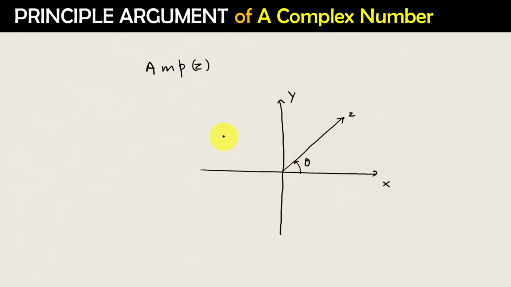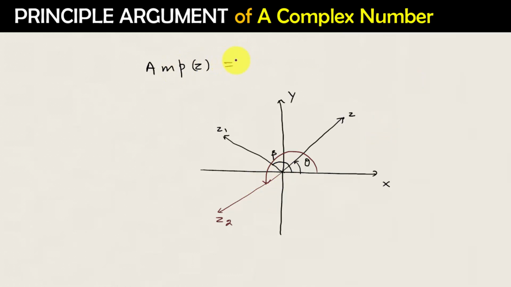If we have another complex number in second quadrant, then this is the way to measure the principal value of argument of z. This is always measured with positive real axis. Now if we have a complex number in this quadrant, third quadrant, let's say z2, can we consider this as a principal argument? It is no.